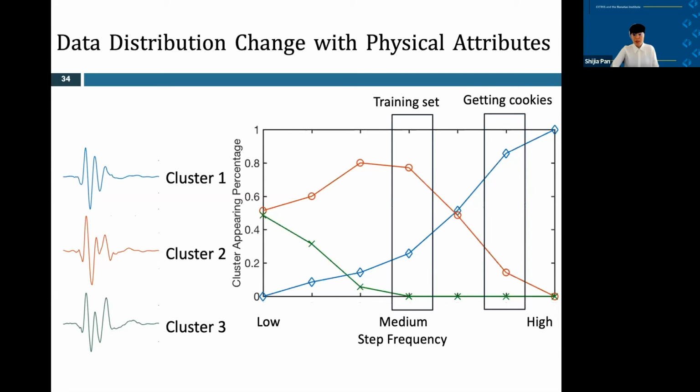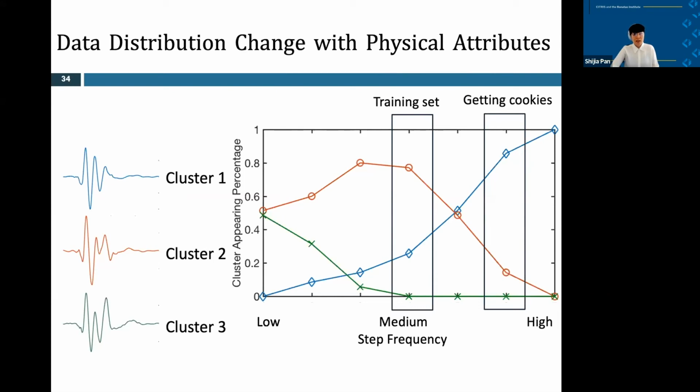So what happened in the cookie test is that our model was built upon the training data collected in the controlled experiment, where people walk at mostly medium walking speed. When we told the students to get the delicious cookies, they got quite excited and walked faster than their regular walking speed.